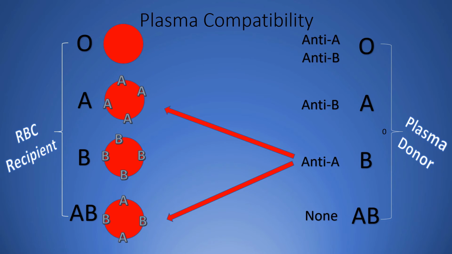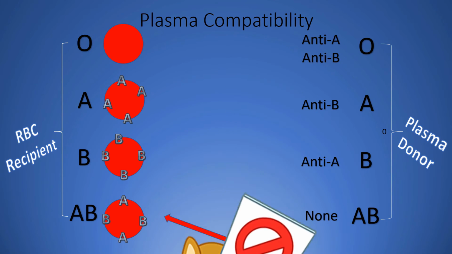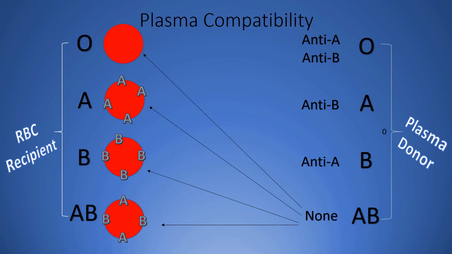Type B plasma cannot be transfused to either type A or type AB individuals because anti-A would interact with the A antigen found on both of these red blood cell membranes, causing a transfusion reaction. Type AB plasma, also known as the universal donor for plasma, can be transfused to all 4 blood types. This is because there are no anti-A or anti-B antibodies found in this plasma.